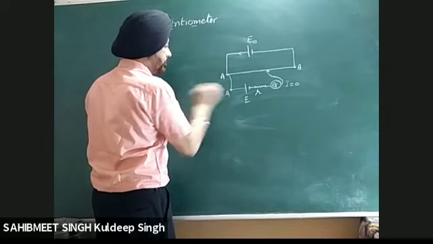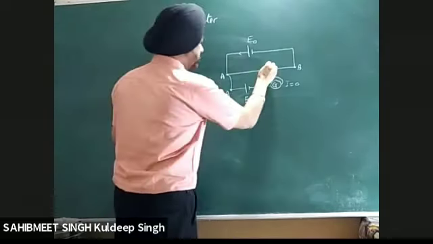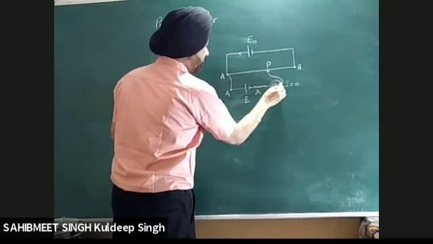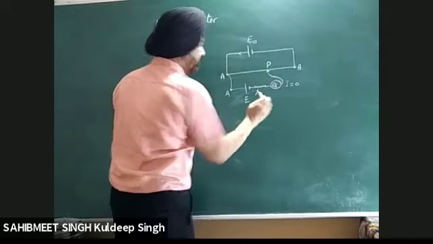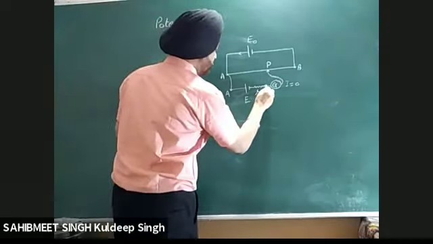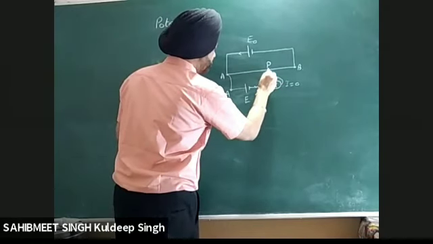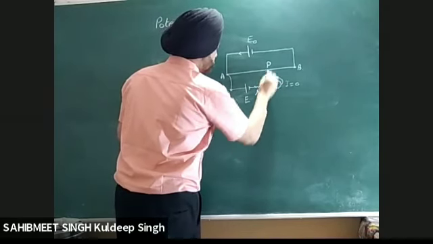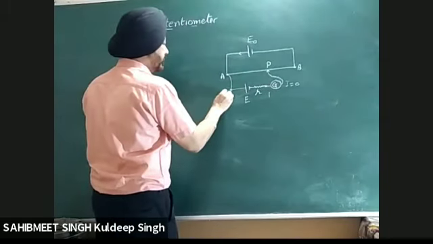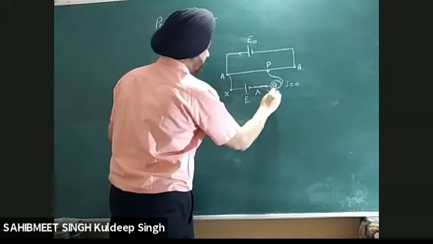So this point is also A. If this point is P, then there is no current in the wire, and let us say the galvanometer has very negligible resistance. As a result, the potential here will be the same as this one. So let us change the names to X and Y.